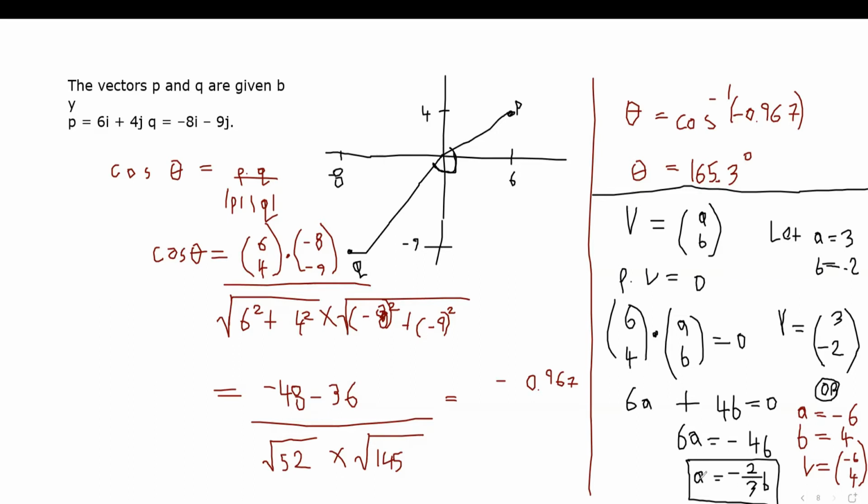If A is 3, 6 times 3 is 18, plus 4 times -2. What is 4 times -2? -8, but this wouldn't give us 0. What happened there?